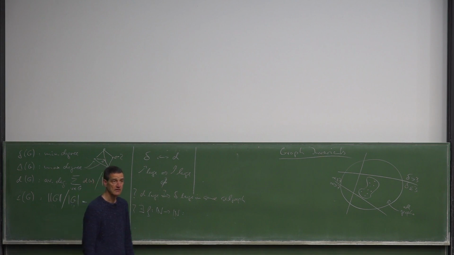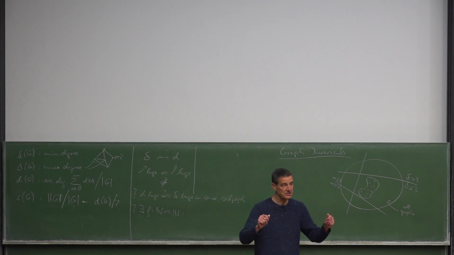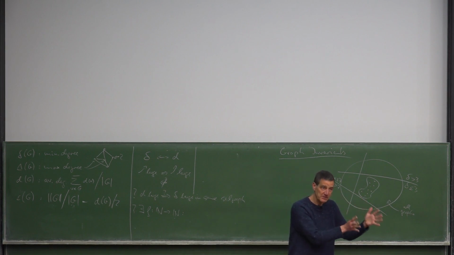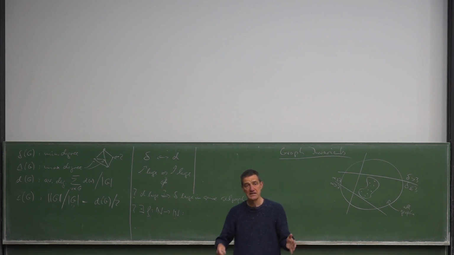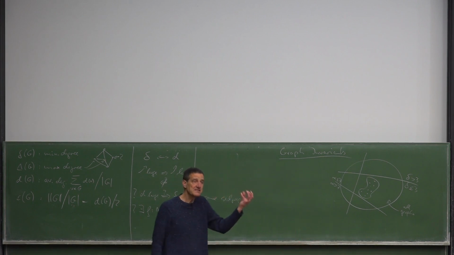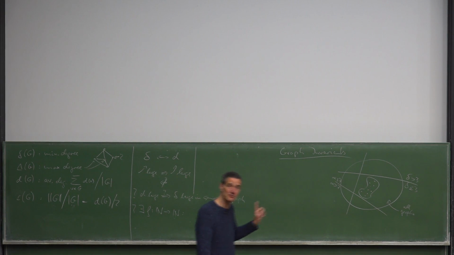So once more, informally, large average degree of G implies large min degree in some subgraph. Slightly more formally, the same thing says for every desired min degree of the subgraph, there exists an average degree of the entire graph such that if I take any graph with that average degree, I'll find a subgraph of that min degree at least. Okay, so that's the slightly less informal way, and here's the really formal way.